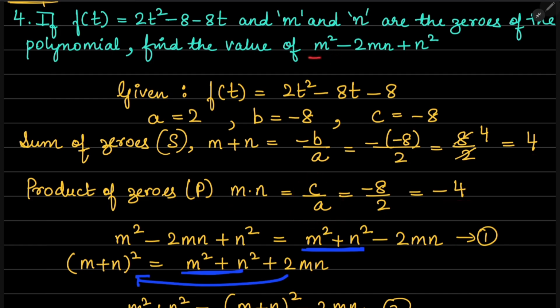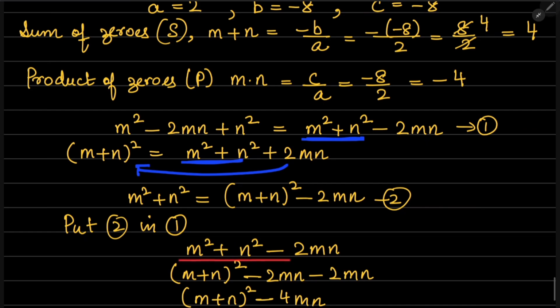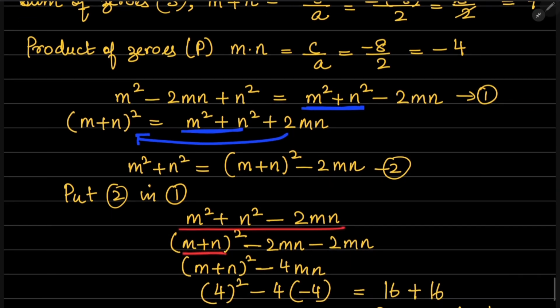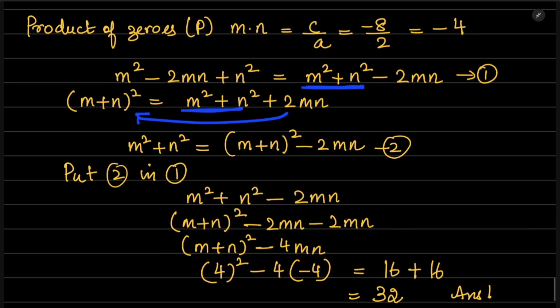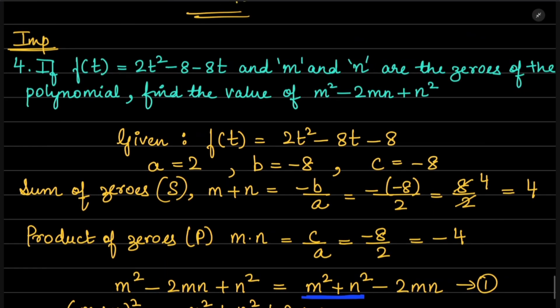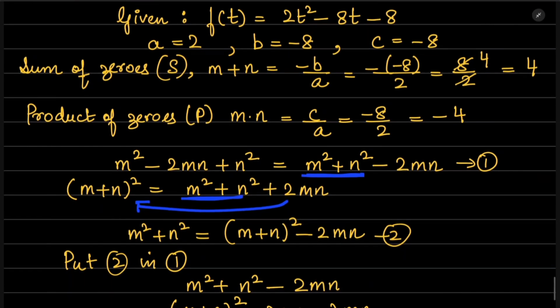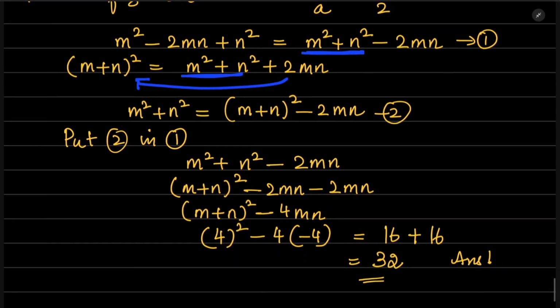And then see how you can transform this in a way that the entire expression has only sum of zeros, that is m plus n, and then product of the zeros, so that you can just substitute the value and find the final result. So this is how you have to do it. Please do it once and see. So pause the video and try it yourself once and see if you are getting the correct answer.